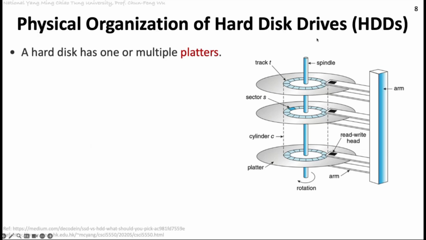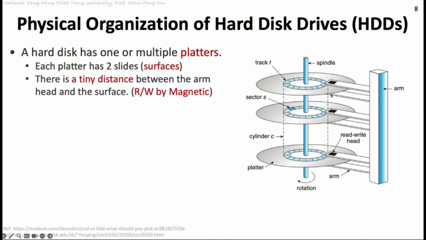Each platter has two sides, and you can store data on both sides, the top and the bottom. Usually there is a tiny distance between the head and the platter.